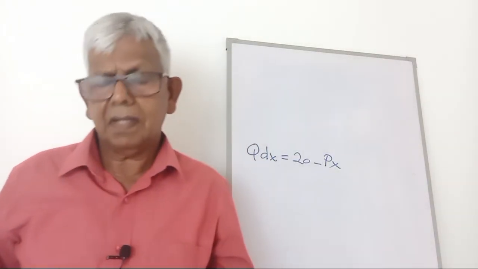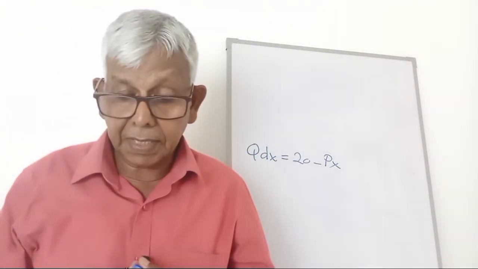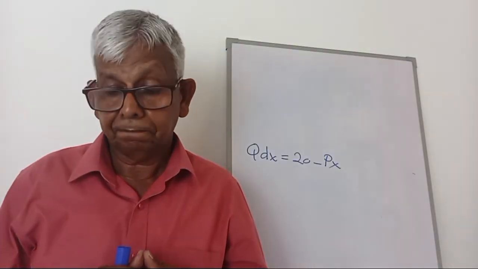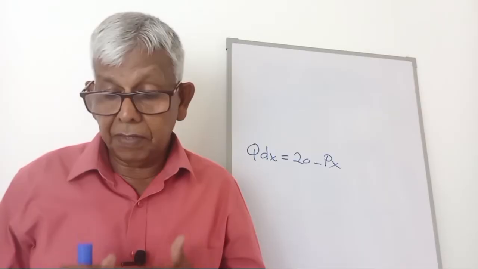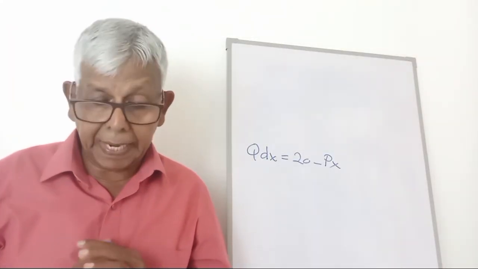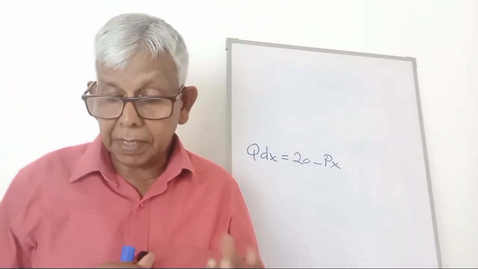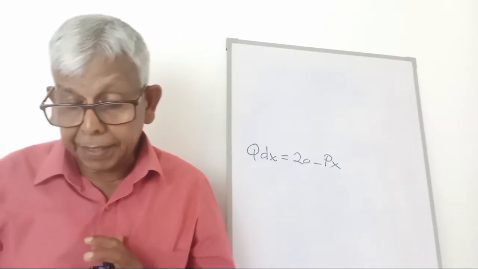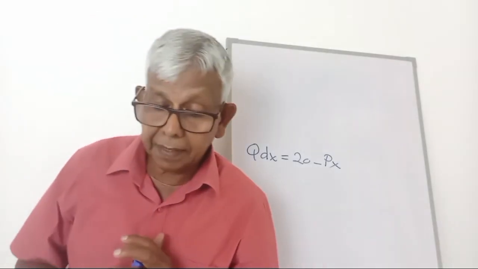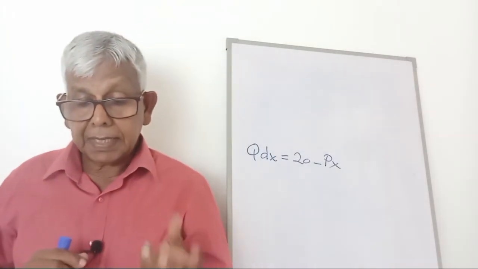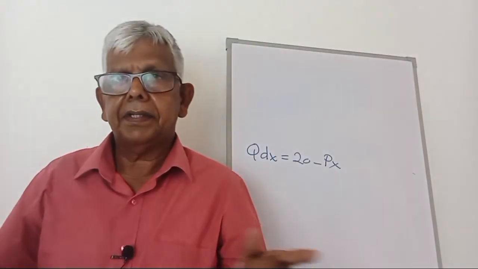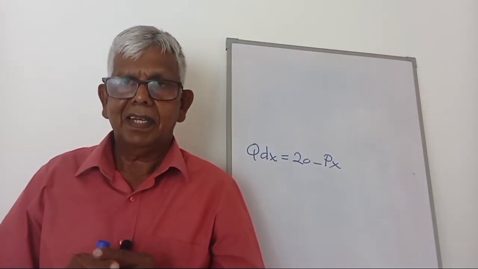This equation represents a straight line with a negative slope. Here we assume that price and quantity have a linear relationship. The negative slope indicates that QDX and PX are negatively related.